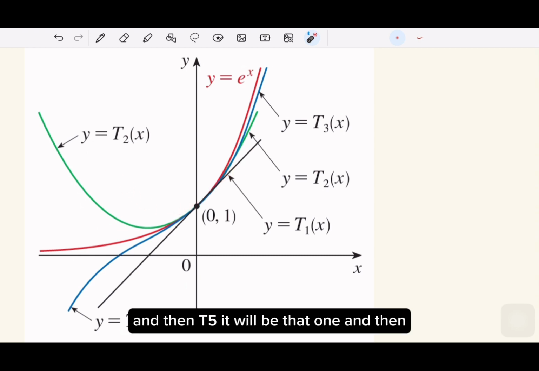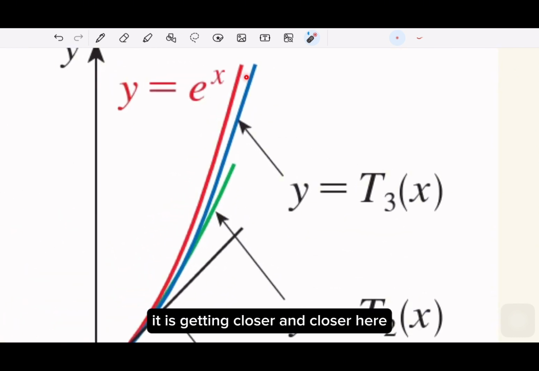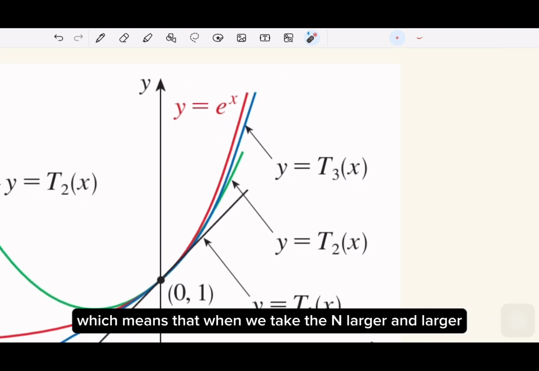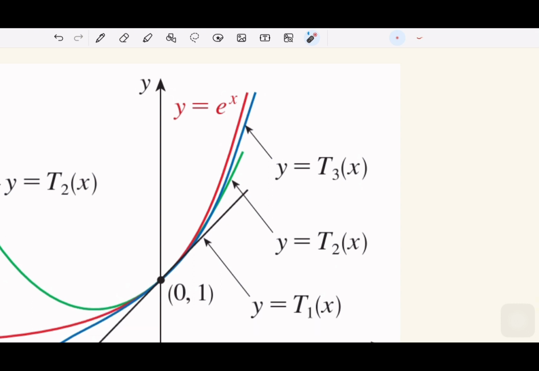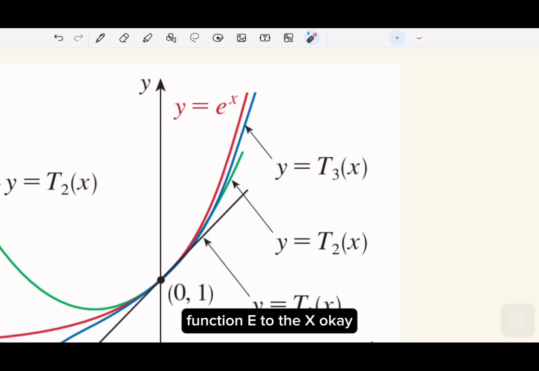And then T5 will be that one, and you will see that it is getting closer and closer here, right? Which means that when we take n larger and larger, the whole curve becomes closer to the original function e to the x.